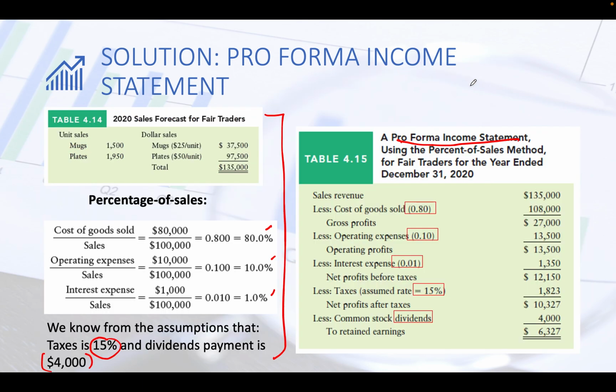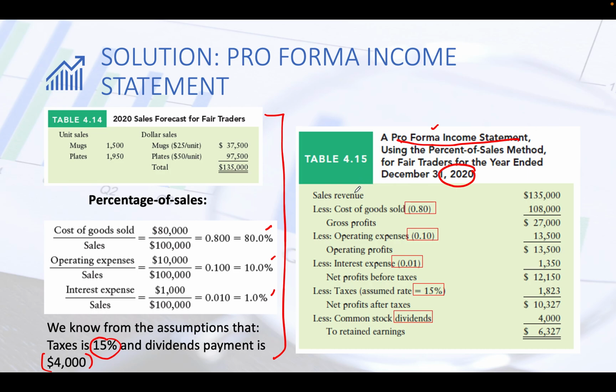Tapi kita lihat, bila kita menghasilkan pro forma, dia kena tulis kat ni a pro forma income statement. So we know that a pro forma income statement is a forecasted income statement. Untuk tahun berapa yang dia nak buat di masa akan datang.